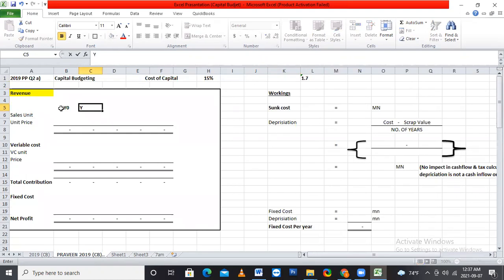Year 0, year 1, year 2, year 3, year 4 to the lifetime. In the first year, no units are sold. The first year is 100 units. The second year increases 20%, so 120 units. The third year also increases 20%, so 144 units. The fourth year is expected to sell 150 units.